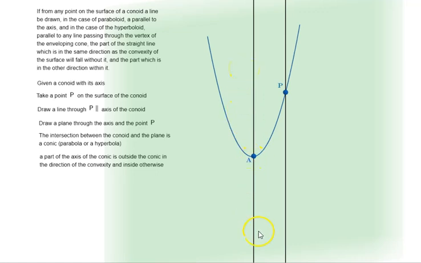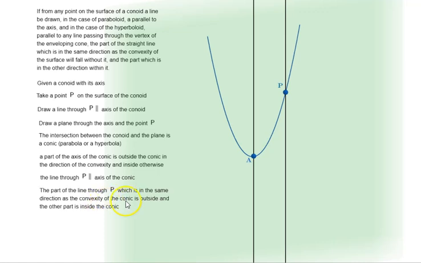Towards the convexity, it is outside, and towards the concavity, it is inside. The line through P is parallel to the axis of the conic, because remember, this axis is the axis of the conic as well as the paraboloid.